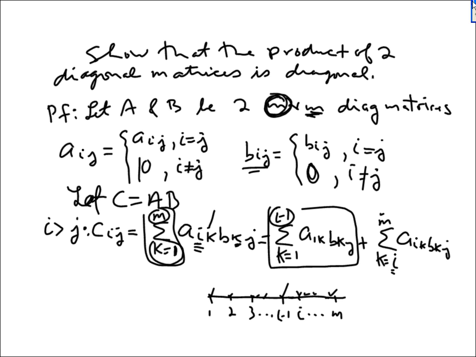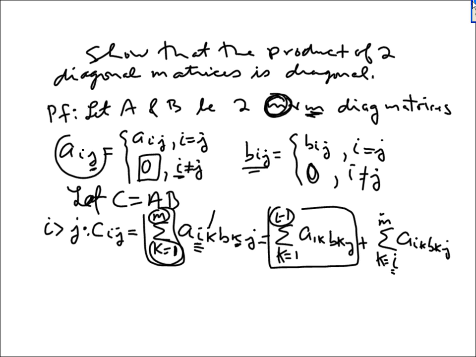Okay. Now, a_ik is equal to 0 if these two values are different. Well, then this is 0. Why?